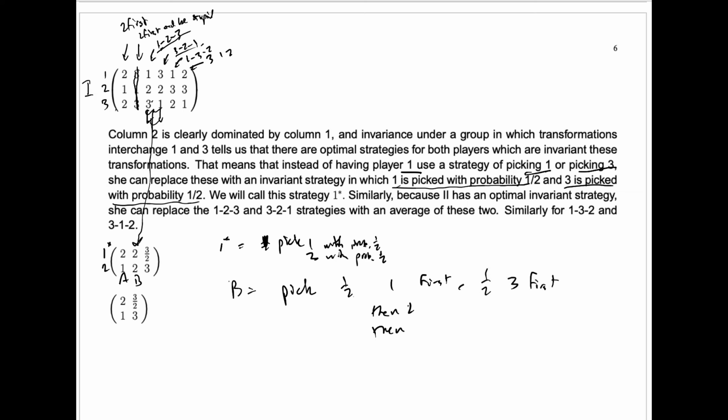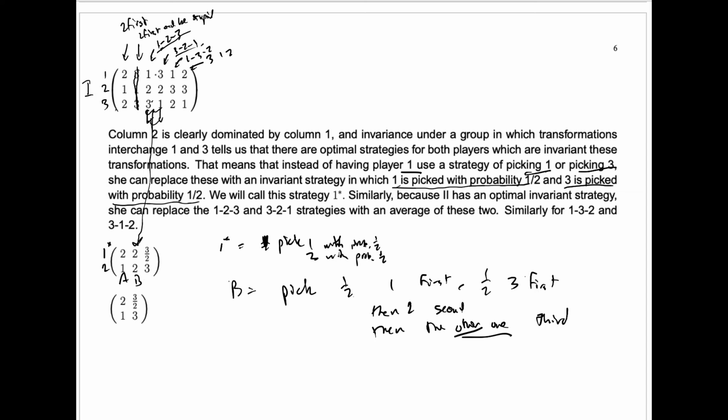Then we pick 2 second, then pick the other one third. And what do I mean by the other one? Whichever one you didn't pick to begin with. So that's the strategy by column B.